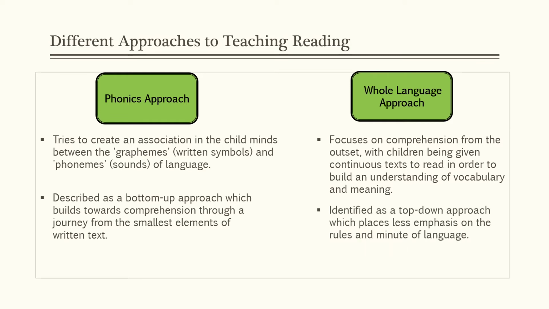The whole language approach is identified as a top-down approach which places less emphasis on the rules and minutiae of language. A teacher will initially read with the children but will gradually say less to encourage more independence on the part of the young learners, placing trust in children's ability to build association between words and draw conclusions from the text.